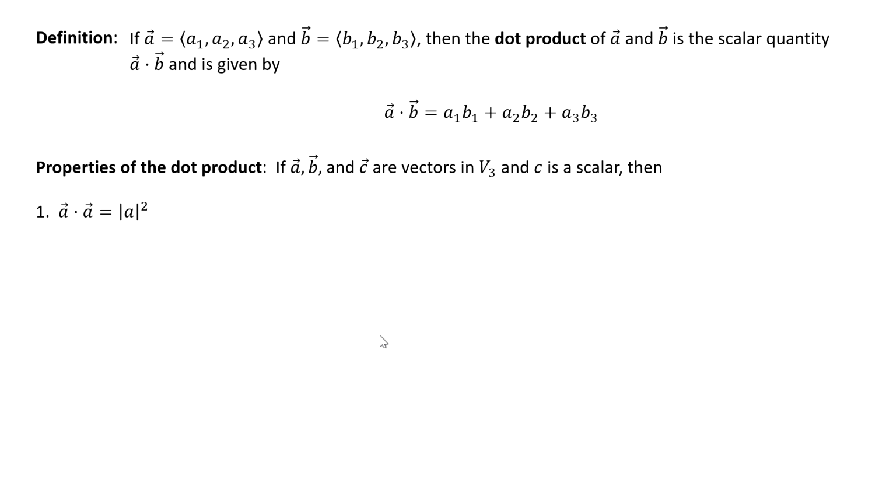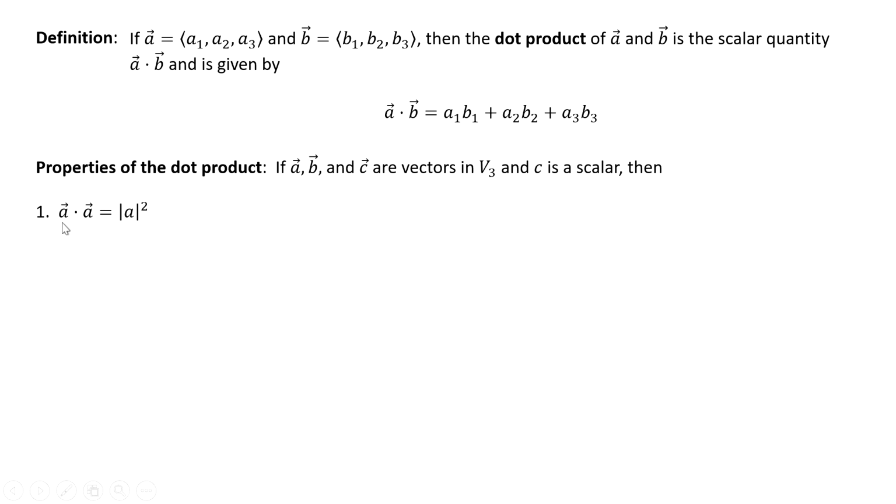Then these are the things that are going to happen. A dot A is simply the magnitude of A squared. Maybe I should have put a vector there.